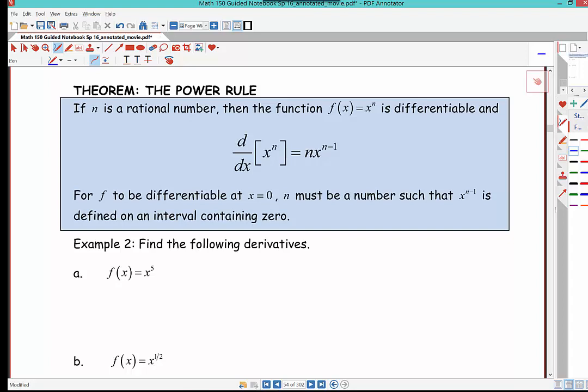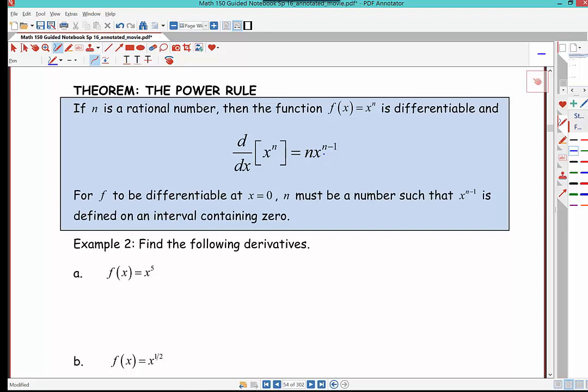This is basically saying, as we talked about in part B of the warm-up, when we evaluate the derivative of a function, the degree seems to be decreasing by 1. So notice that we end up with this formula here. When you're differentiating x to the n with respect to x, you multiply by the power, and then you reduce the degree of x by 1.